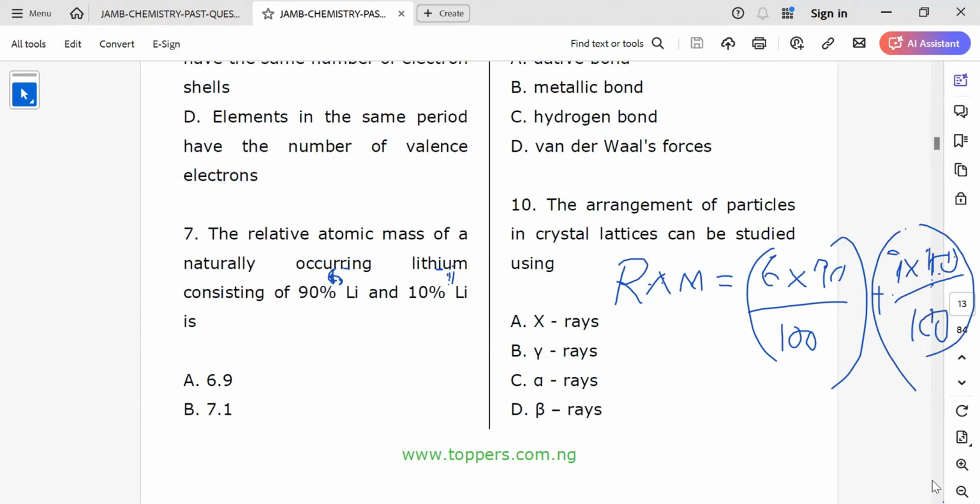On the calculator, 6 times 90 divided by 100 gives 5.4, and 7 times 10 divided by 100 gives 0.7. If we add them, we are going to have 6.1. So this is how to do the calculation. I'm not sure because the mass numbers of the two lithium isotopes are not given, but that is how to do the calculation, so that you get an idea.